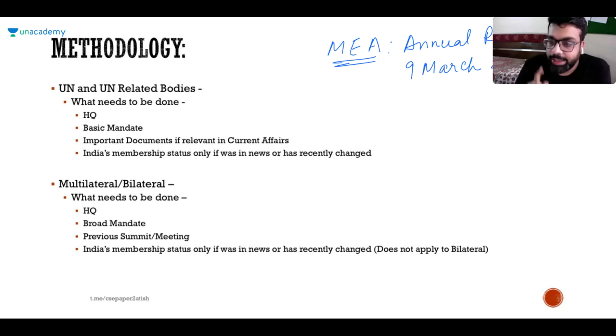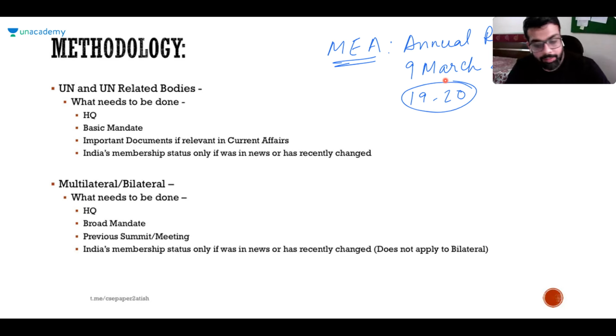So it covered all the major developments that have happened between 2019 and 2020. Okay, and very specifically, I went through chapters on international organizations, the UN, bilateral, multilateral, and the major visits. So that was my first.